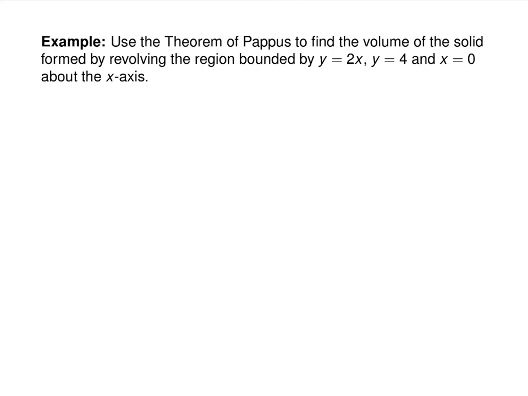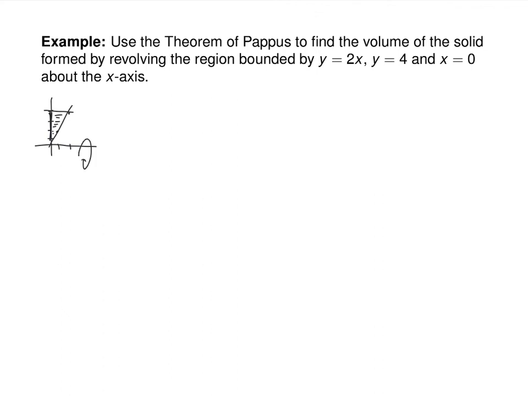Next, let's use the theorem of Pappus to find the volume formed by revolving the region y equals 2x, y equals 4, x equals 0 about the x-axis. Alrighty, so y equals 2x goes through the origin, (1, 2), (2, 4), y equals 4 is a horizontal line, x equals 0 is the y-axis, this is the region we're looking at.